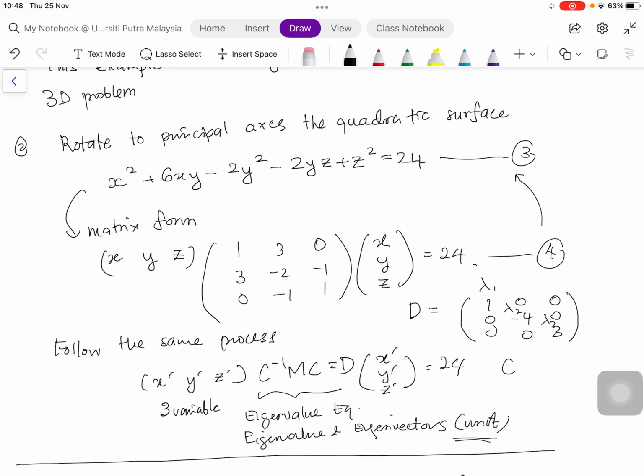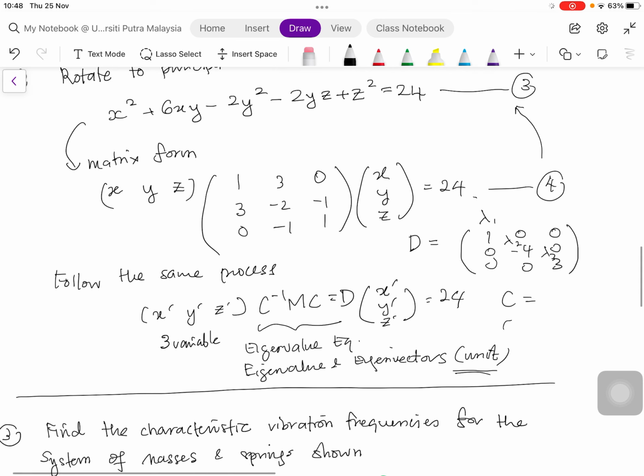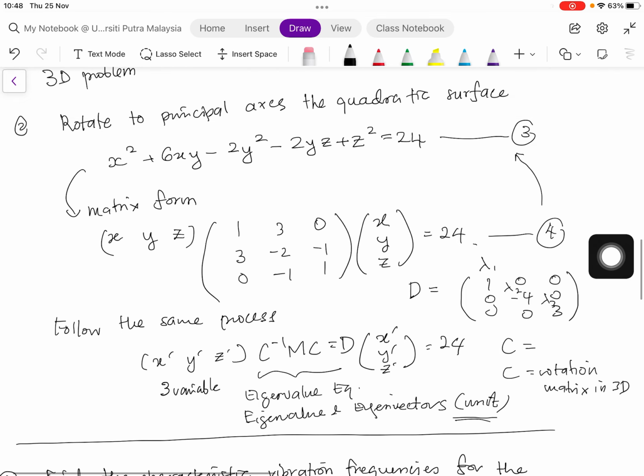When you write down C, you compare it to the rotation matrix in 3D. But in 3D, what is the rotation matrix?